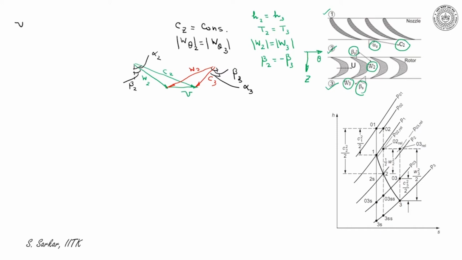Now what are the quantities given? Blade speed is given as 290 meter per second. Alpha 2 is given as 65 degree. T01 is given as 1100 Kelvin. P01 is also given, 400 kilopascals. P02 is 390 kilopascals.